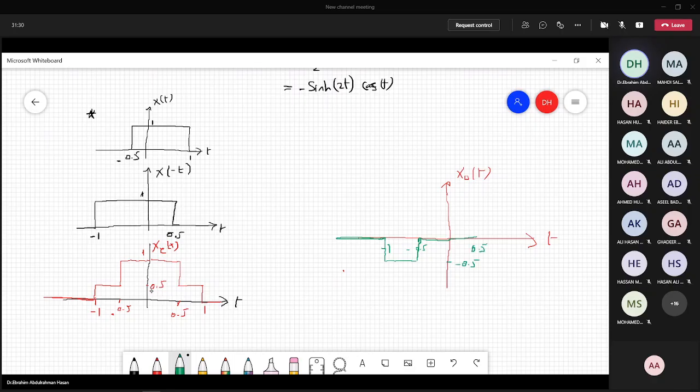Between 0.5 and 1, this is 1, this is 0, 1 minus 0 divided by 2 becomes 0.5. After 1, this is 0 and this is 0, so it is equal to 0. This is odd. If you add these two together, you should get the result which is equal to x of t.